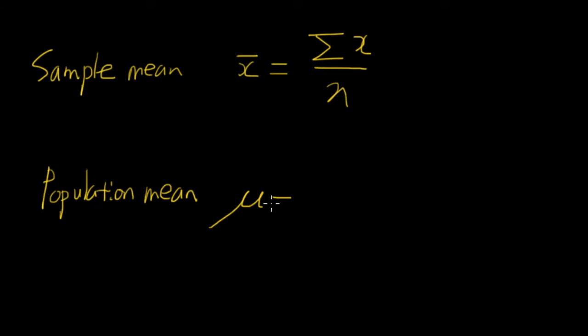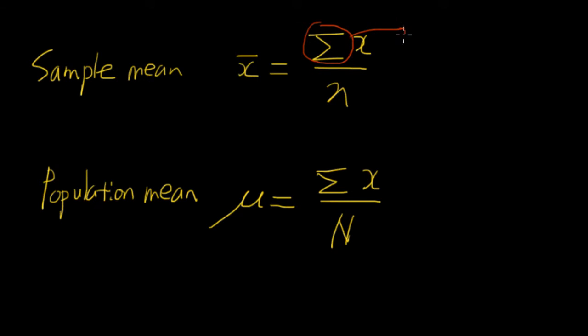And the population mean is almost the same: sigma x over uppercase N. So there's not much difference. What does sigma mean? This symbol right here is called sigma.